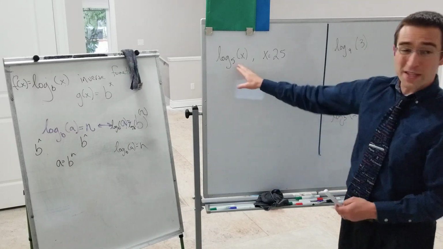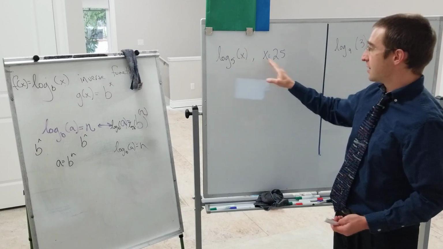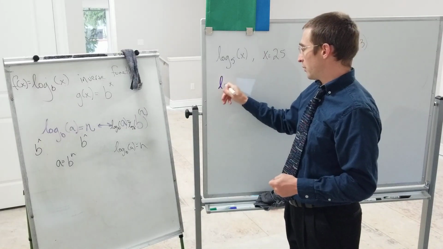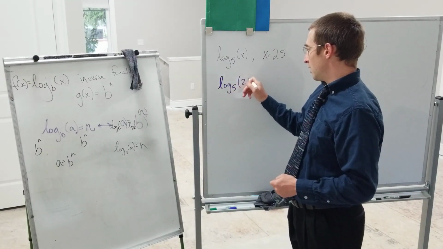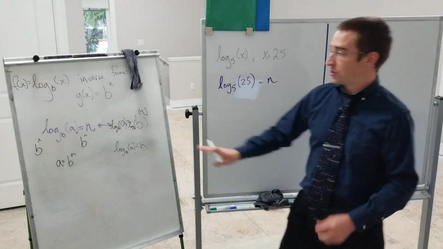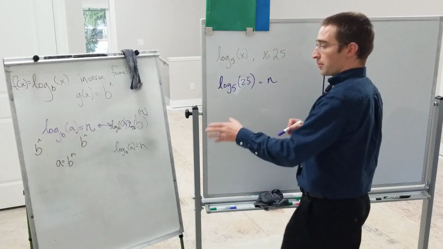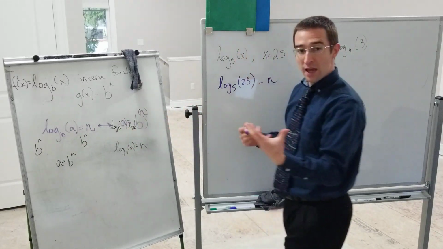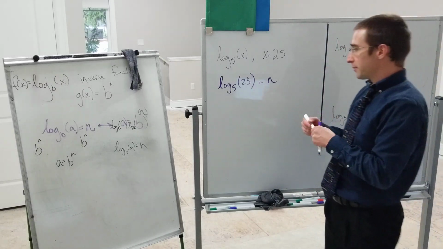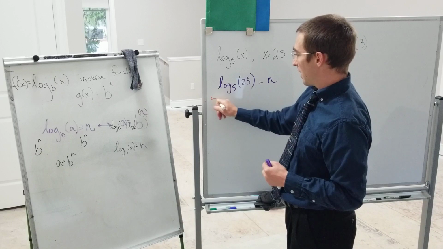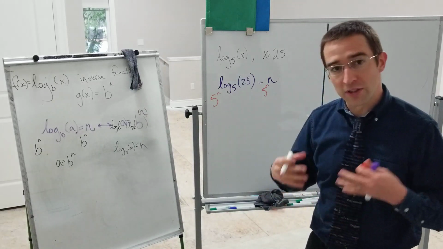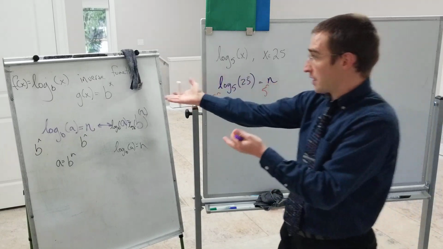So for this one, we've got log base 5 of x when x is 25. It just means replace this x with a 25. So we're evaluating log base 5 of 25. And let's just say this equals some number n. We can exponentiate each side by going 5 to the, using the inverse function of the exponential function.